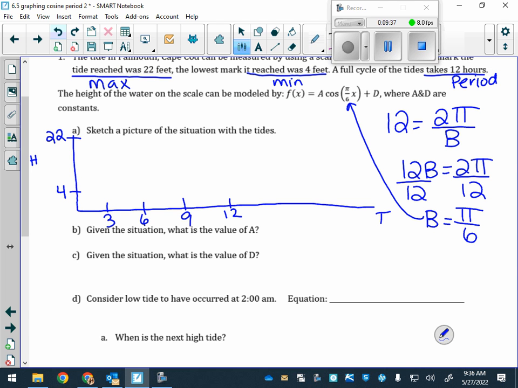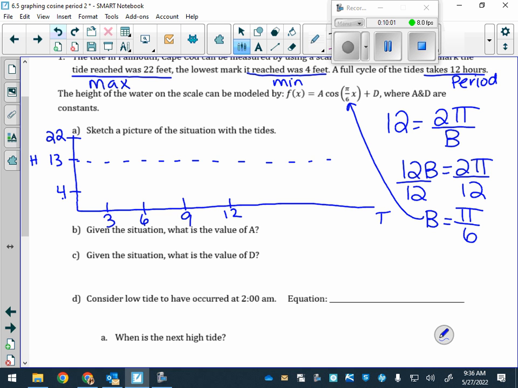Excellent. We add 22 plus 4, which is 26 divided by 2, 13. Okay, so 13 would be our midline. Right?